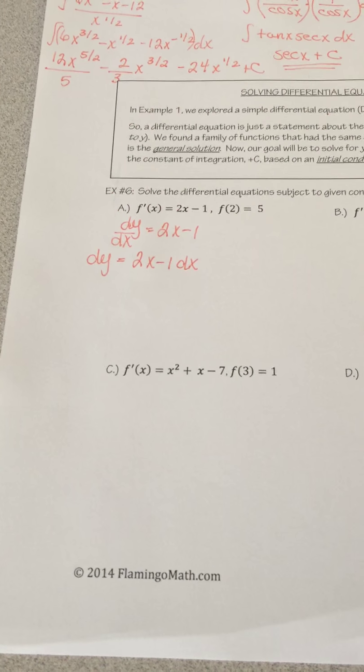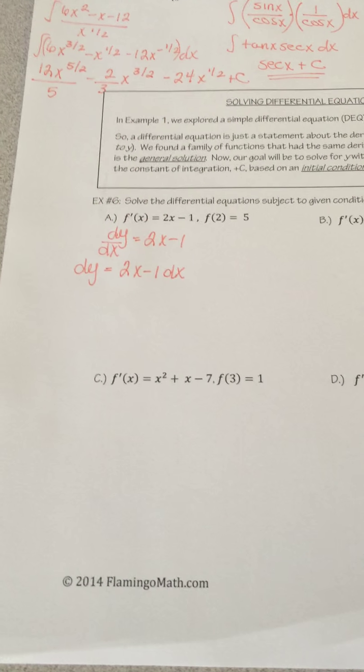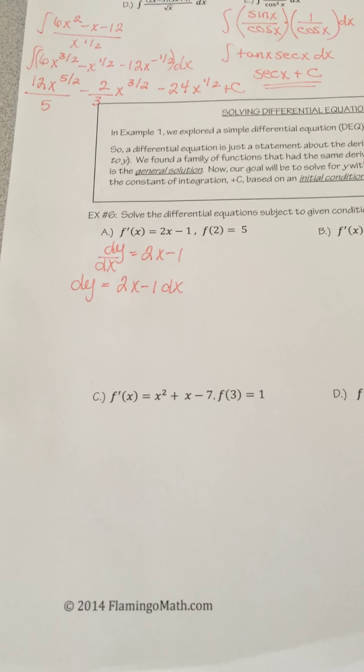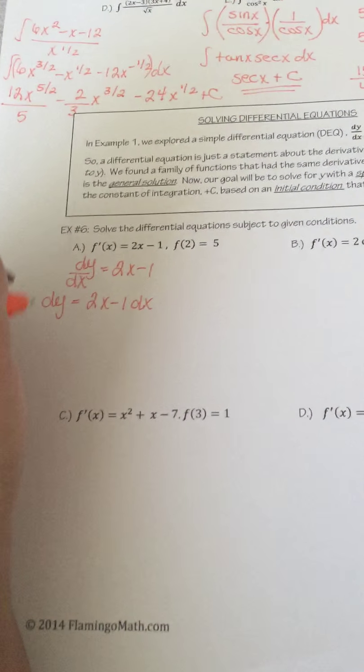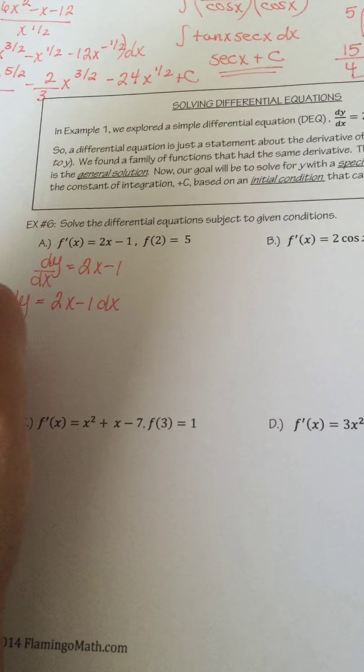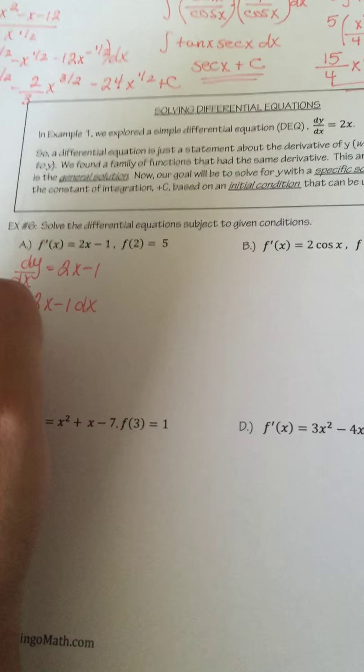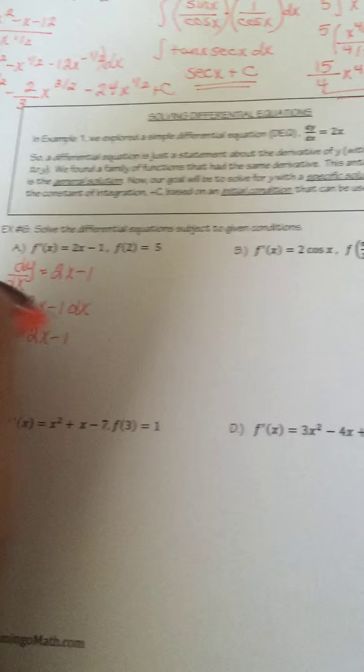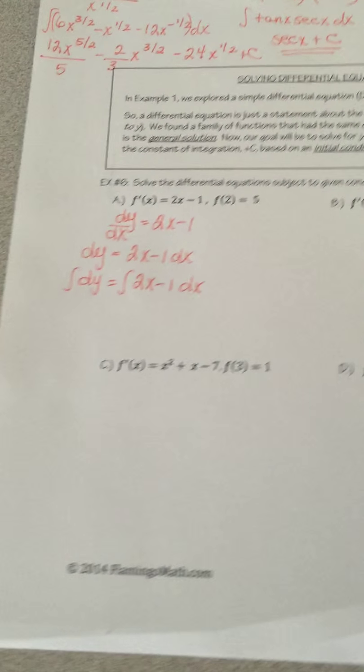At this point, since we're trying to solve for y, we're going to take the integral of both sides. Because if you recall, integrals and derivatives are inverses of each other, so they will undo each other.